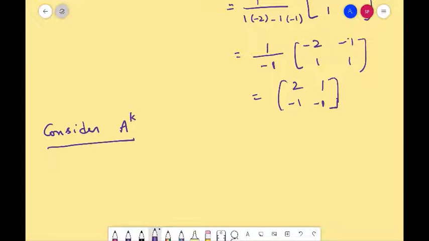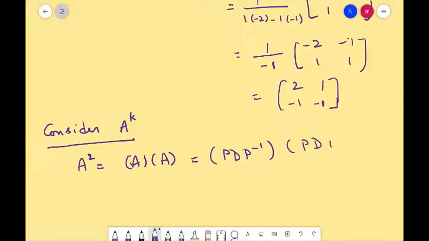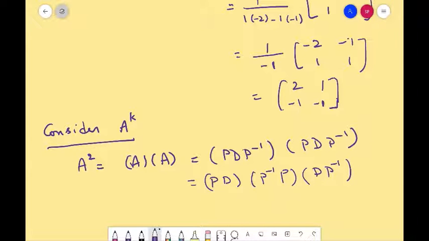Now consider A power k. To find this, I will take A square is equal to, what is A square? A into A. That is equal to PDP inverse into PDP inverse. Now I'll group these terms as PD into P inverse P into D P inverse, which is equal to PD into P inverse P is I. So let me write it properly: PD into P inverse P is I into D into P inverse.